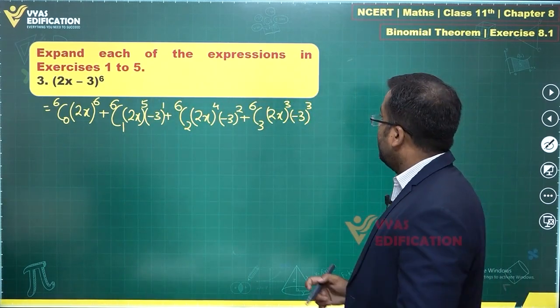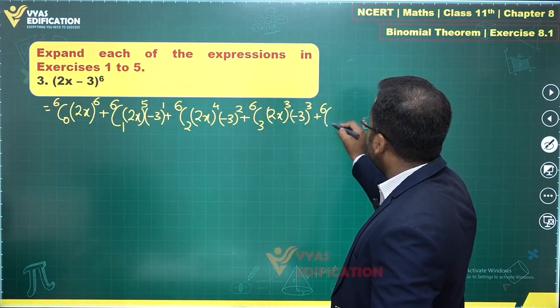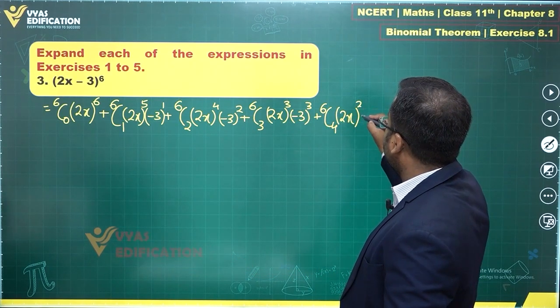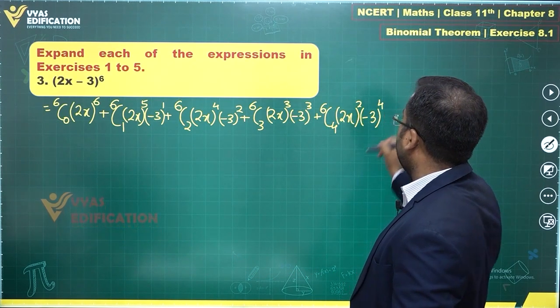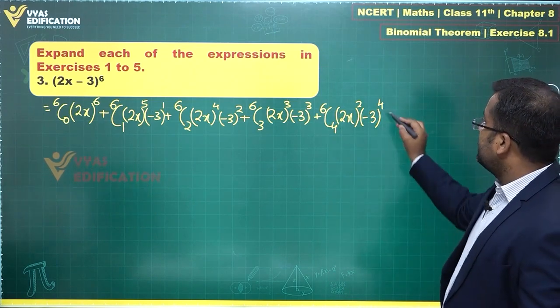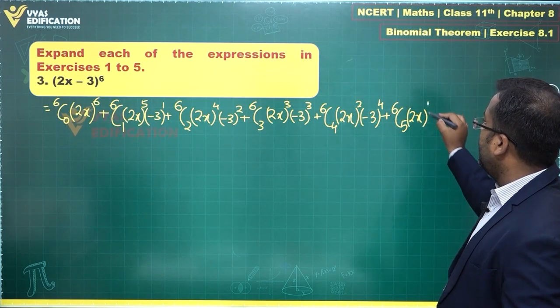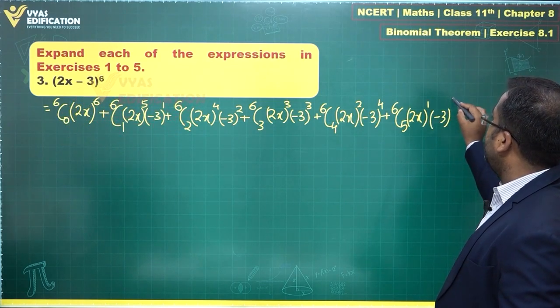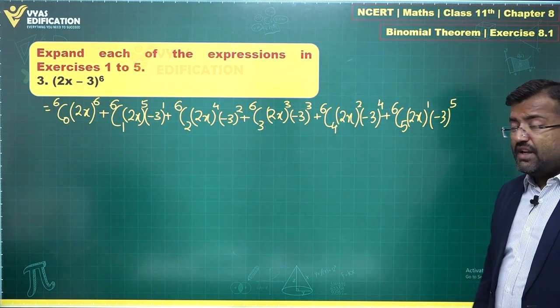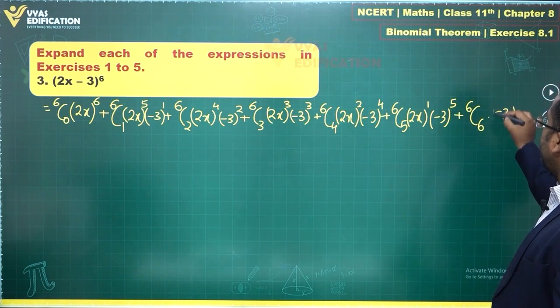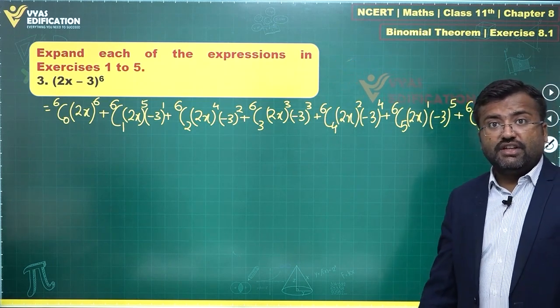Next, plus 6C4, then you have (2x)^2 times (-3)^4. Next term 6C5, (2x)^1 times (-3)^5. What about the last term? That is 6C6 times (-3)^6. This is what you have in the last term.